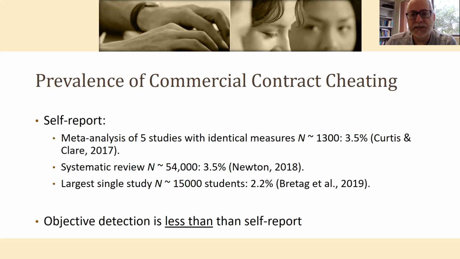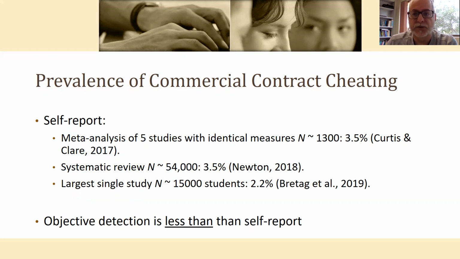From self-report studies, we've seen much higher rates of commercial contract cheating reported by students. So around about 3.5% in some meta-analysis systematic reviews. In a large study of Australian students, 2.2% of students admitted submitting work that was completed by someone else. And that wasn't necessarily commercial contract cheating.